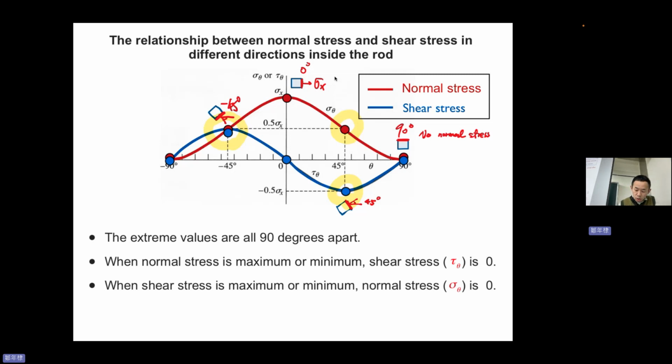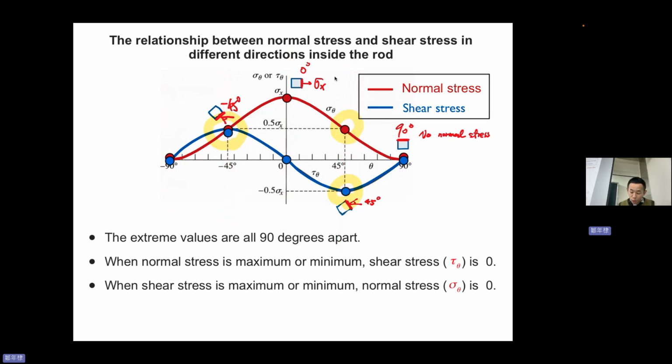So notice that the extreme values, here and here, are all 90 degrees apart, for the blue curve as well.